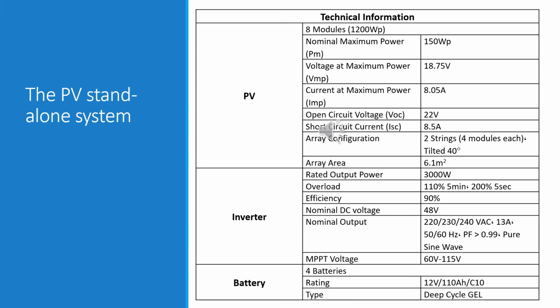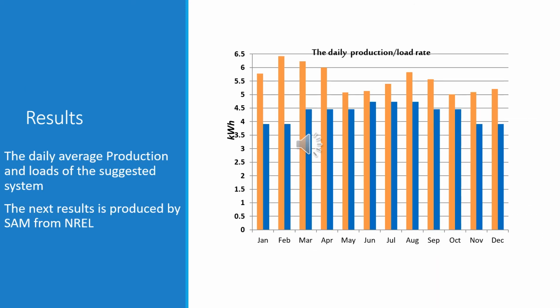The results of the design process are illustrated here in this table: the PV system, the inverter, and the batteries. SAM software is used to simulate the designed system.